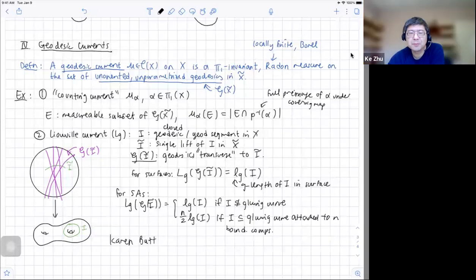Yeah, I just feel your conclusion is you can show eventually that the same marked length spectrum implies two manifolds are isometric. But when you say marked, you already have some information about the manifold. So it looks like some kind of cyclic condition.